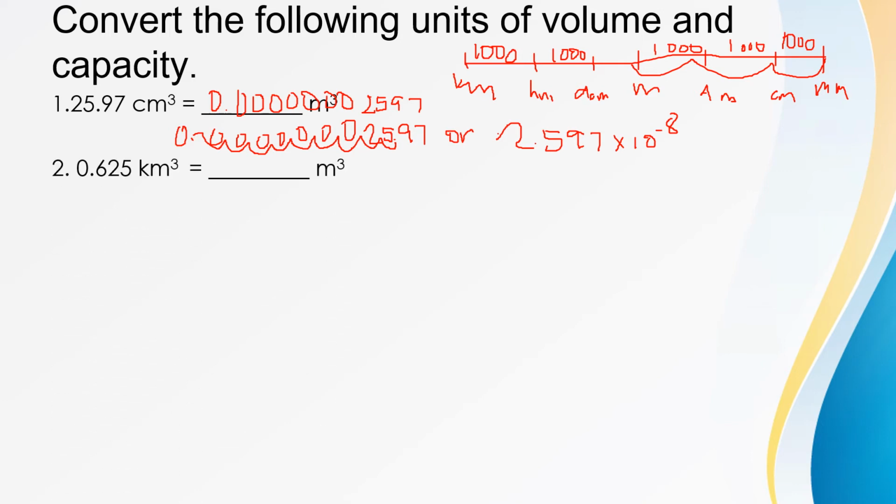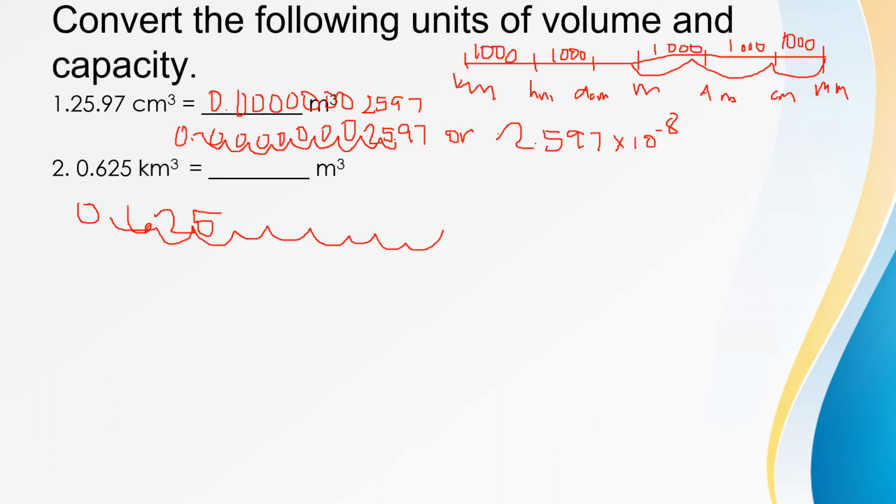Okay, so we have here kilometer to cubic meter. This time we need to add. So 0.625. We need to move the decimal going to the right. Kanina kasi from left to right, this time right to left. So we need to multiply. So we have 1, 2, 3, 4, 5, 6, 7, 8, 9.